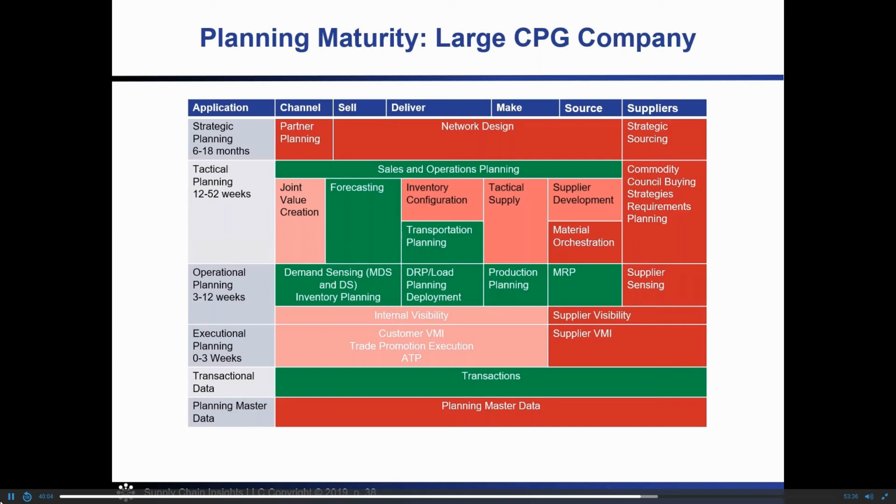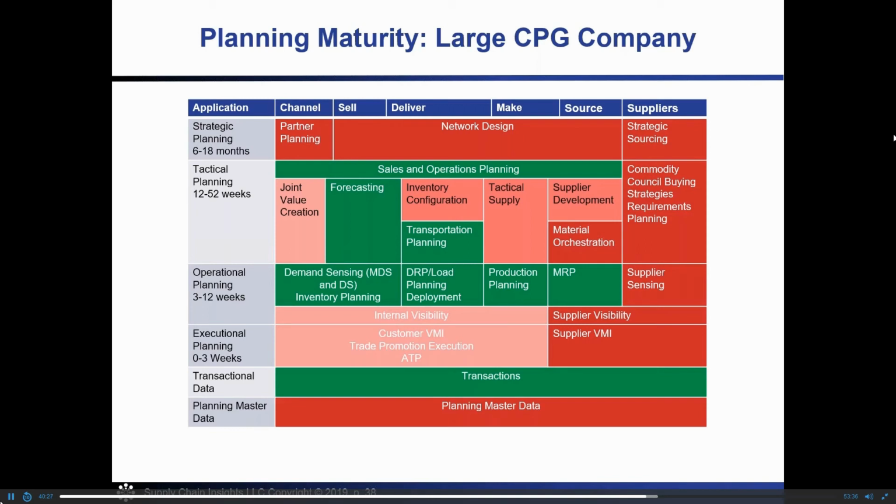Green is better than average, pink is average, and red is below average. I never find a company that's all green. But the ability to forecast, and to forecast accurately, is one of the most important elements of planning.